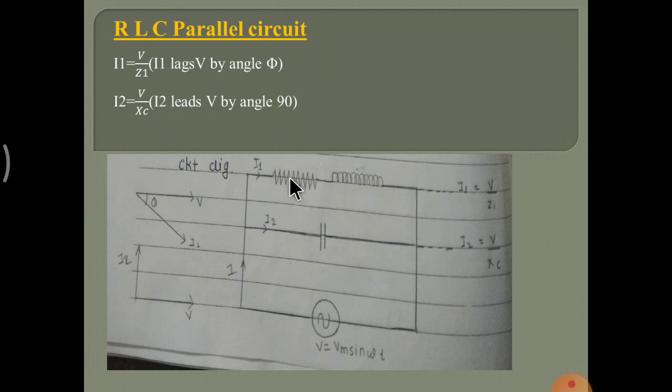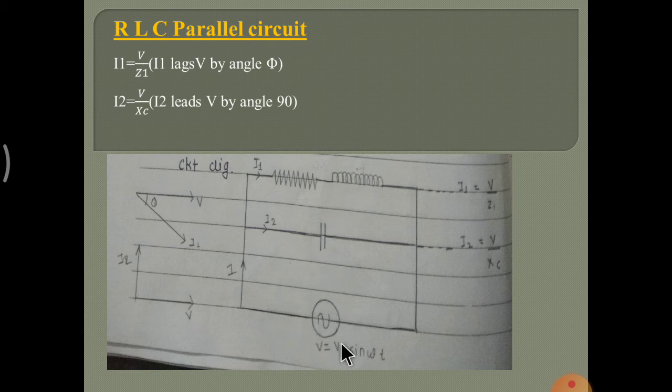This is the circuit diagram of the RLC parallel circuit. This is the symbol of the resistor, this is the symbol of the inductor, and this is the symbol of the capacitor. The resistor and inductor are connected in series and the capacitor is connected in parallel with this R and L combination. This is called an RLC series-parallel circuit. In this circuit, R and L are in series and C is in parallel.